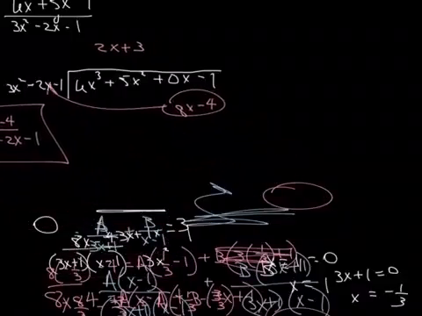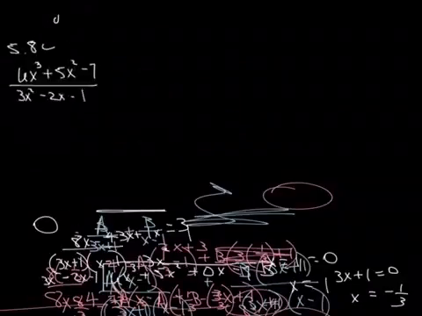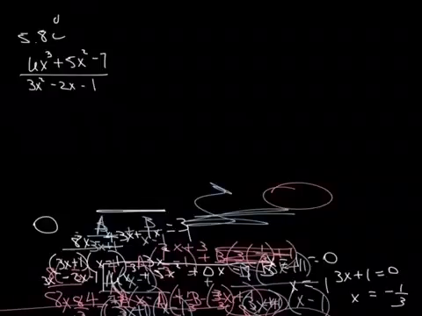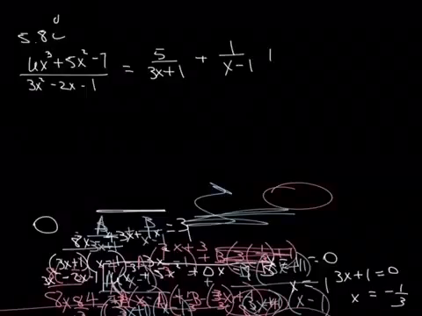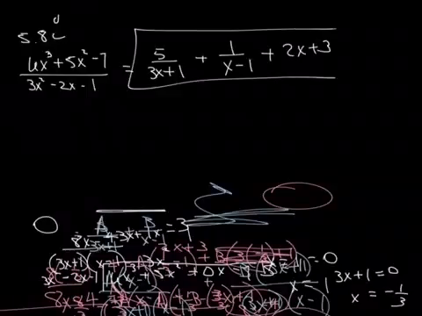There's where I got my 2x plus 3 that I forgot to put on there. Okay, so there's my original, and my decomposition was 5 over 3x plus 1 plus 1 over x minus 1, and then my 2x plus 3. So that ends up being my answer for example 3. And we will continue with example 4 in 5.8D.